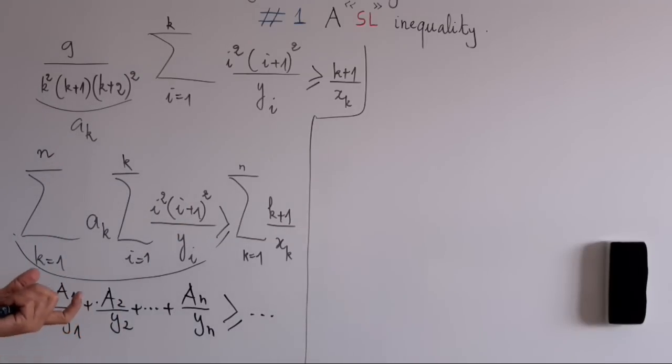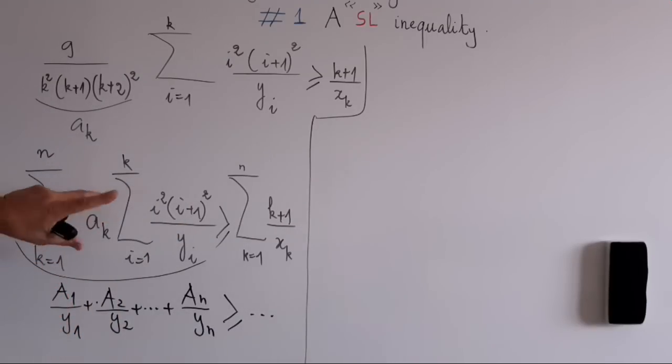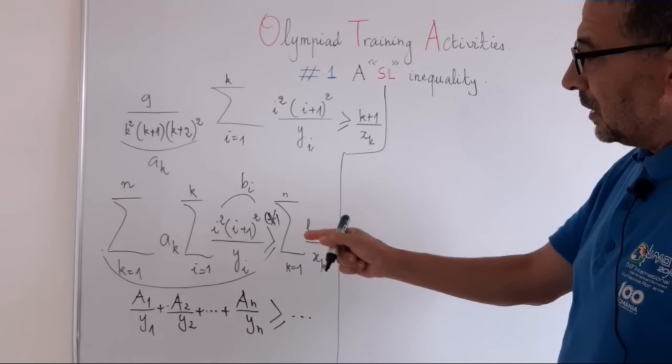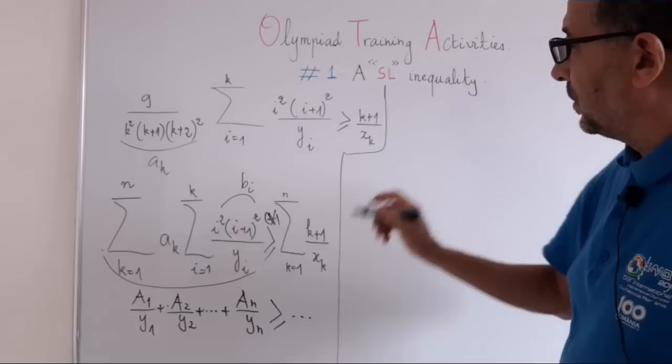Now, to do so, I need to switch the order of summation. Try, please, to do this idea here. Okay, as I said before, we will switch the order of summation.